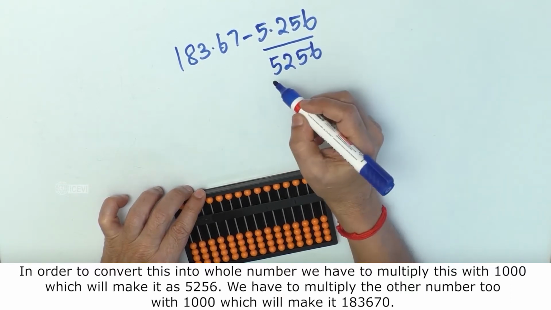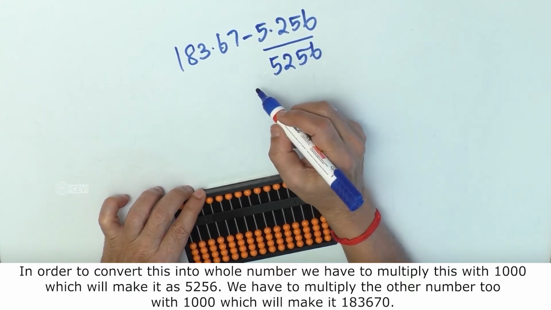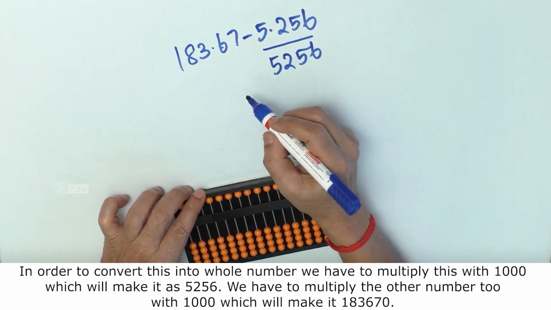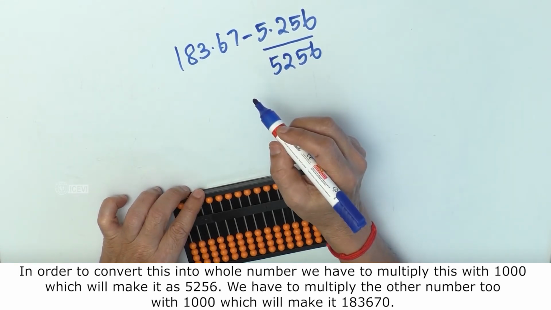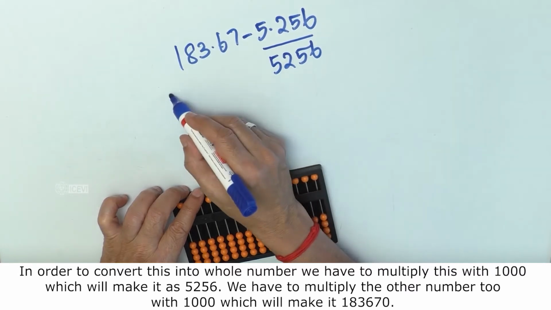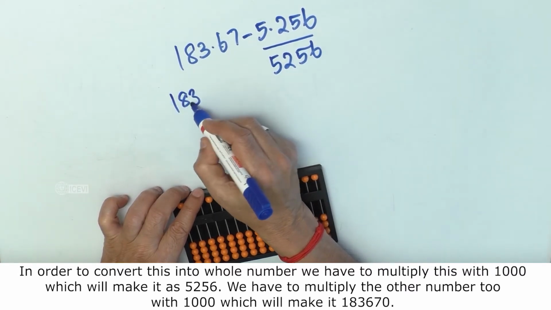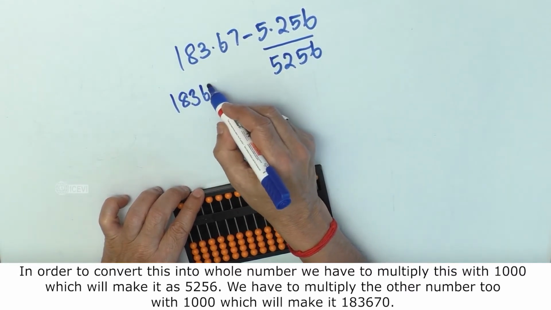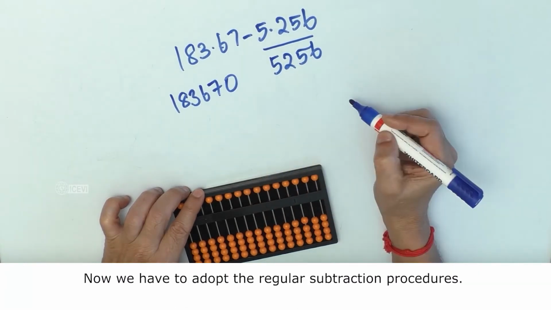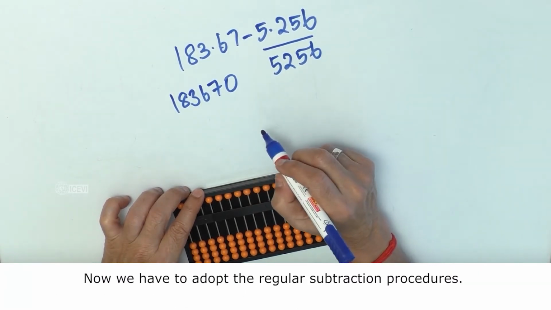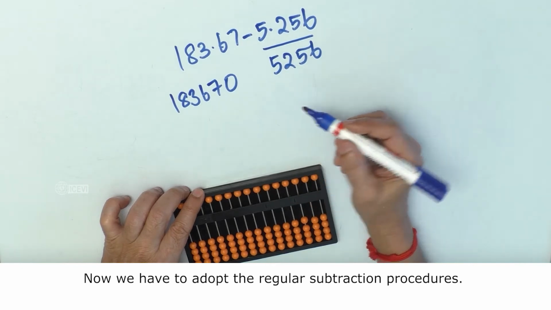We have to multiply the other number too with 1000, which will make it 183,670. Now we have to adopt the regular subtraction procedures.